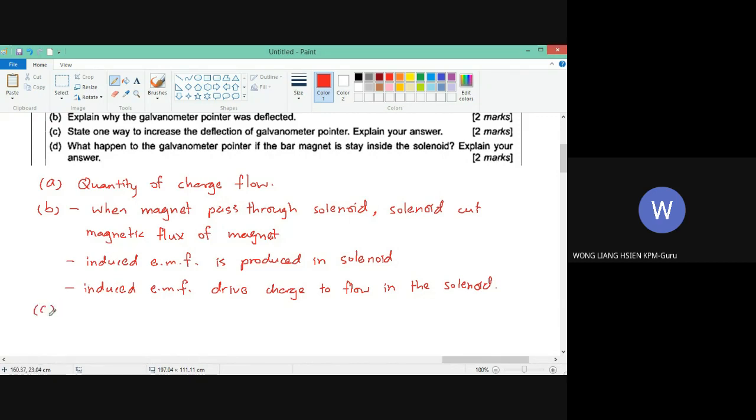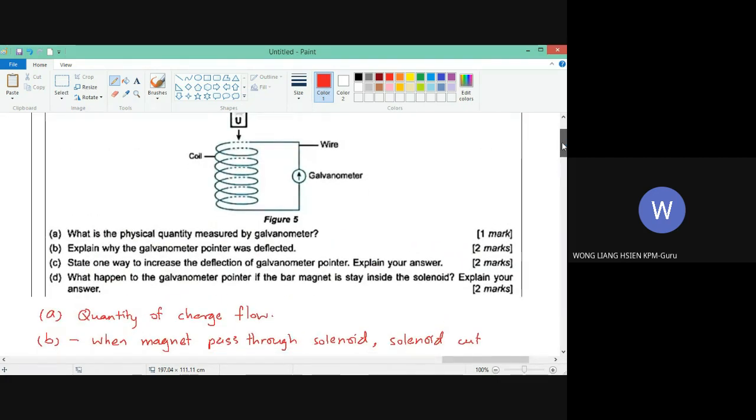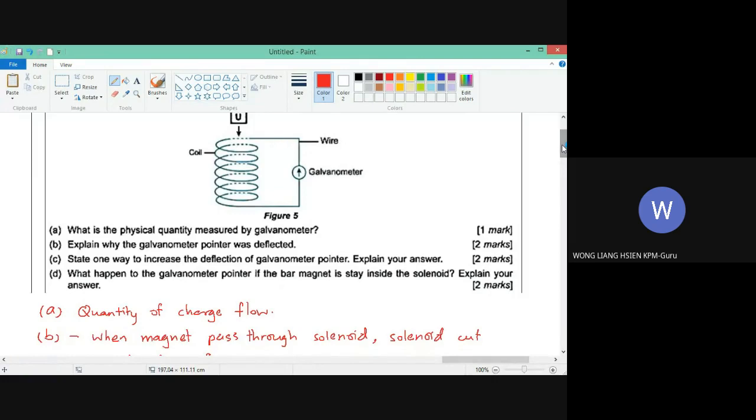Next, state one way to increase the deflection of the galvanometer pointer. Explain your answer. So you see this is a solenoid. There are 3 ways that we can increase the deflection.